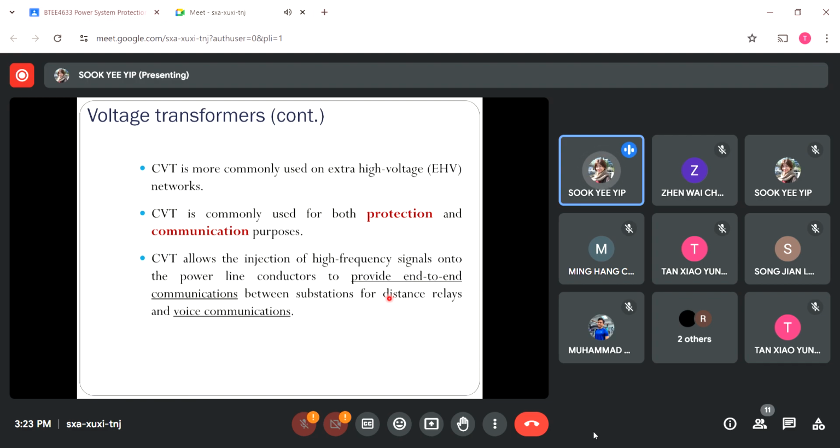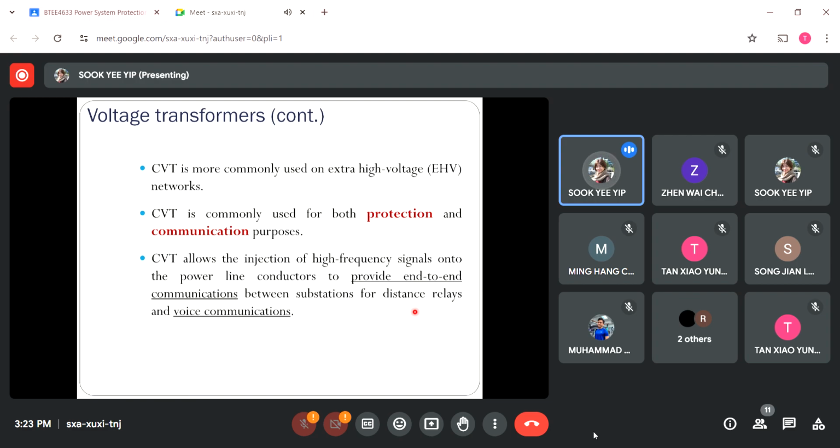Let's say we're using a distance relay. A distance relay will usually be applied for protection of long distance power transmission. Seeing as there is a long distance between these two ends of the line, in order to have a quick response to clear faults that occur at the end or at the beginning of the line, we need communications from both sides.